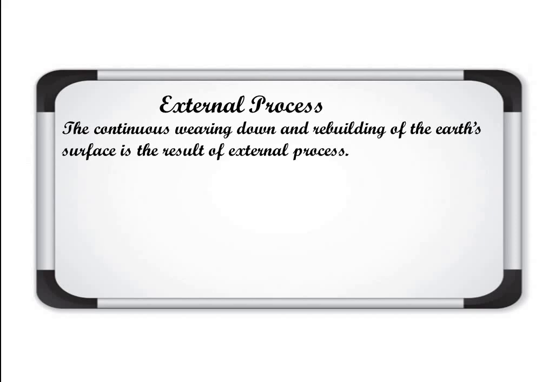It covers two things: the continuous wearing down of the earth's surface and the rebuilding of the earth's surface. Wearing down of the earth's surface is also known as erosion, and rebuilding of the earth's surface is known as deposition. And this happens due to sources like wind, water, glaciers.